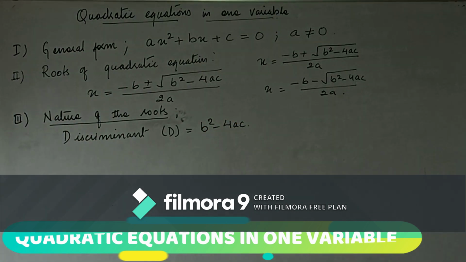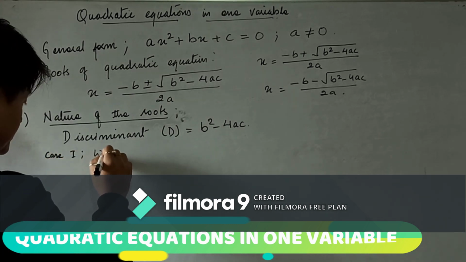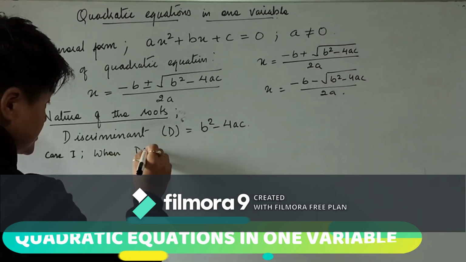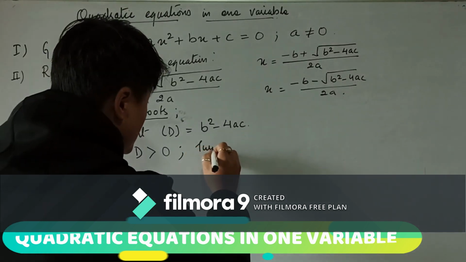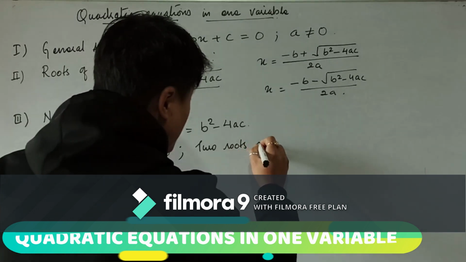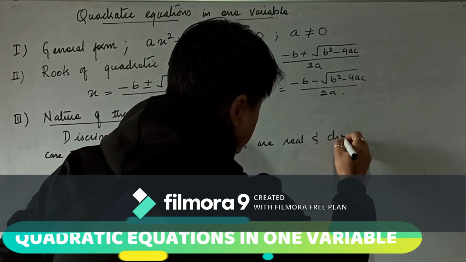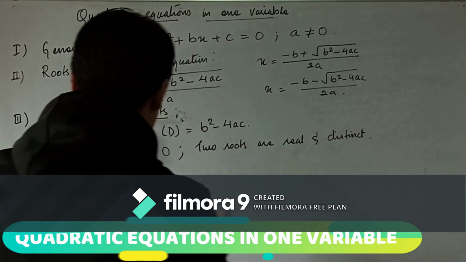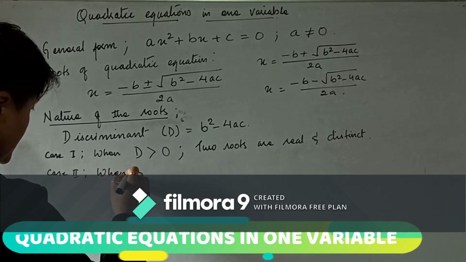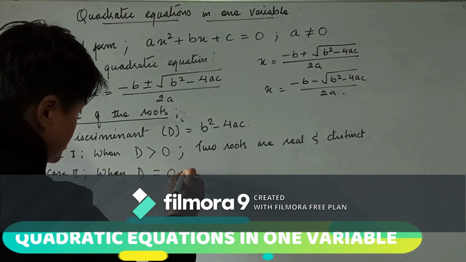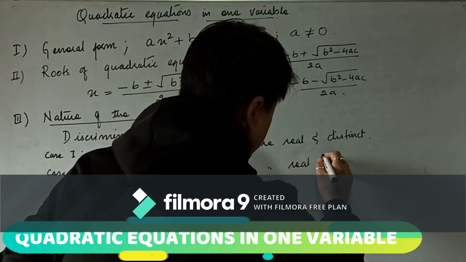So with this we get three cases. Case 1: when D is greater than 0, that means the discriminant is greater than 0, the two roots are real and distinct. Case 2: when the discriminant is equal to 0, the two roots are real and equal.